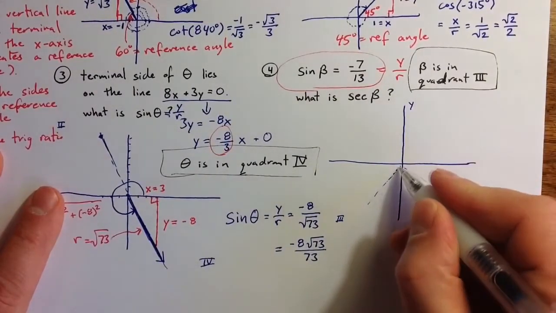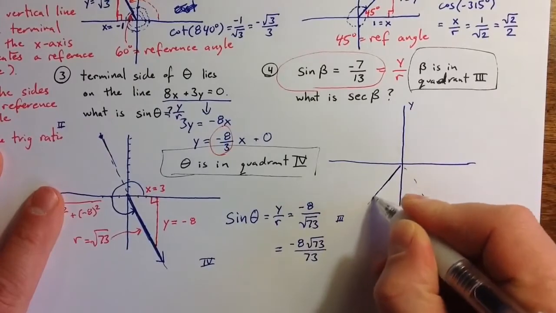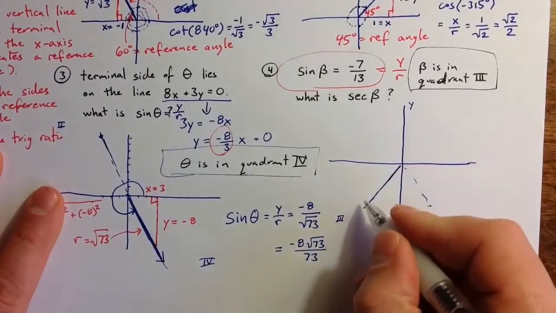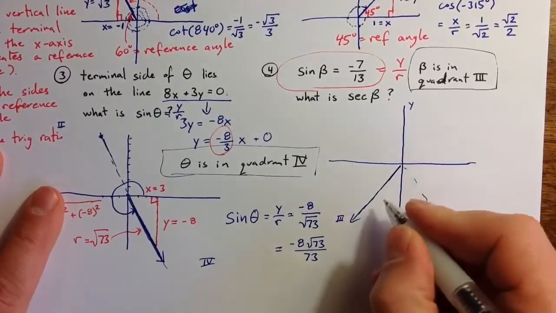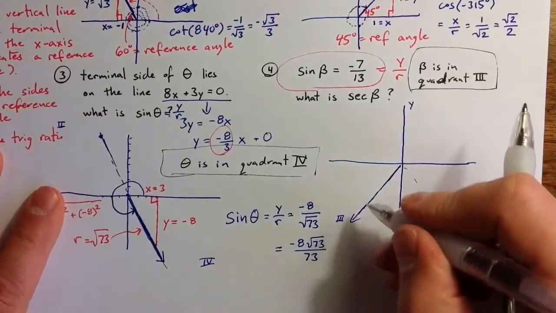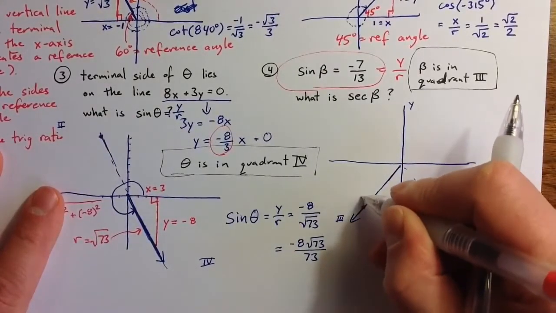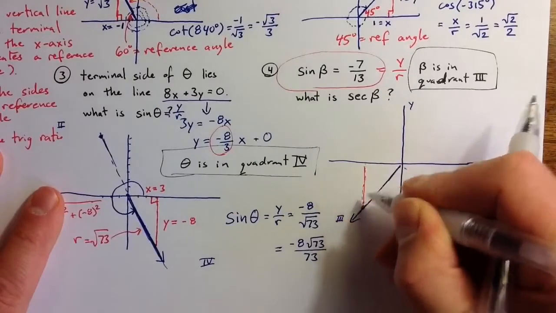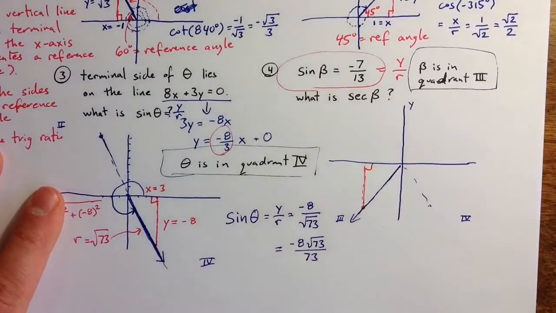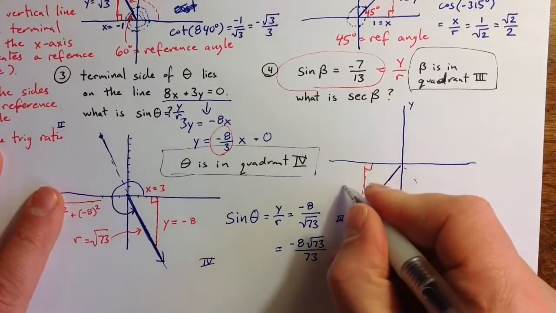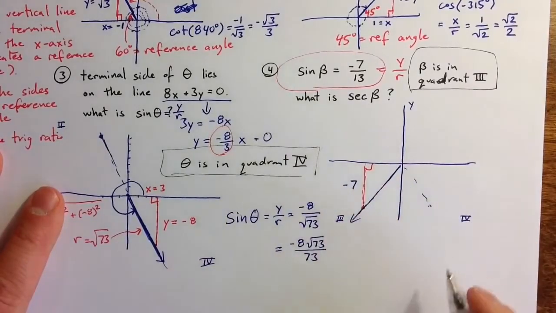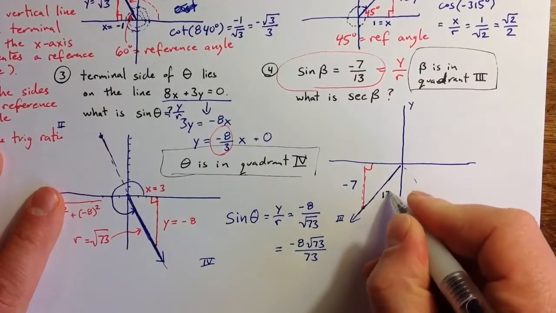So if we are in quadrant 3, our terminal side is going to fall something like that, and we know from the given information that if I draw that reference triangle, the y value is going to have to be -7, and the value for r is going to be 13.